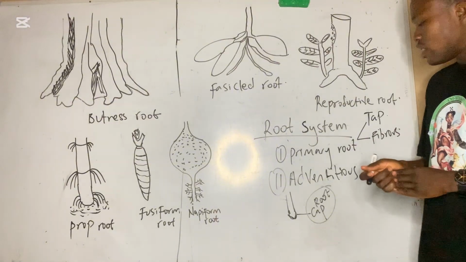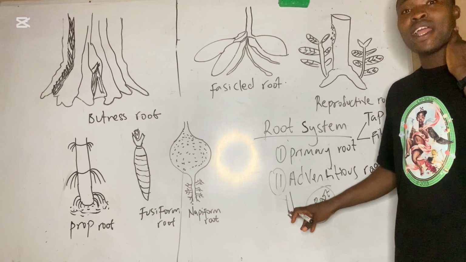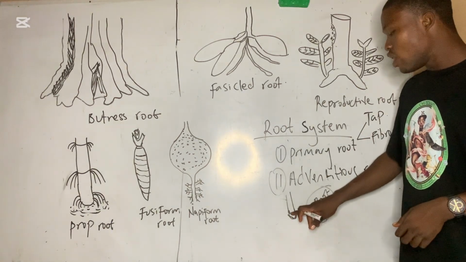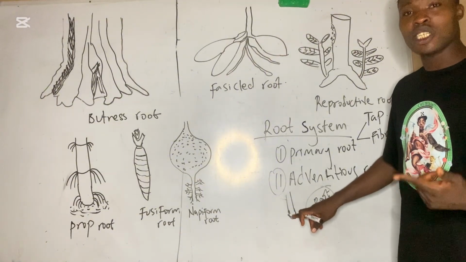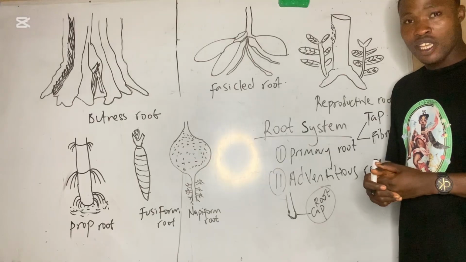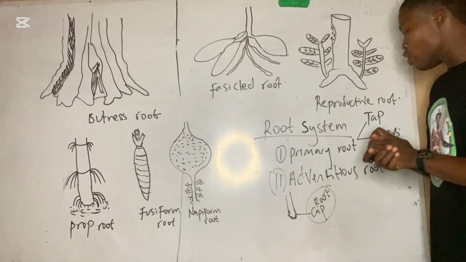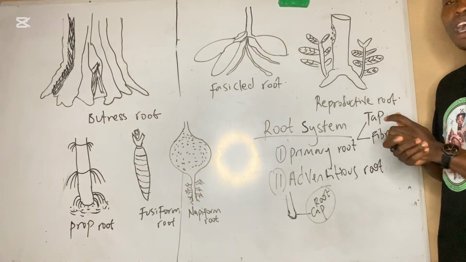The meristem is the point in the root tip where cell division occurs. So the group of cells in the root tip that can divide repeatedly are said to be meristematic cells, and they are covered by the root cap. So that's that for the root system.